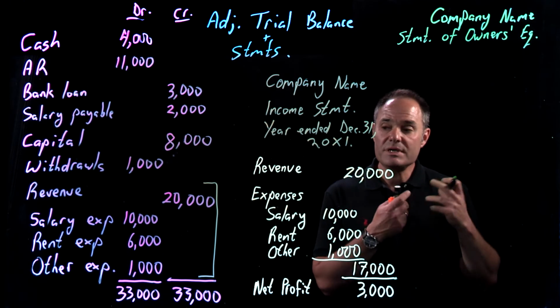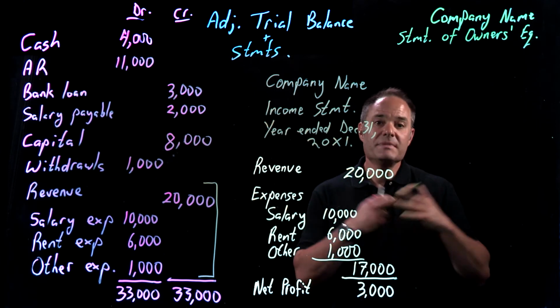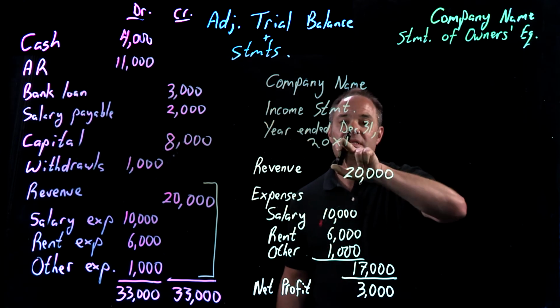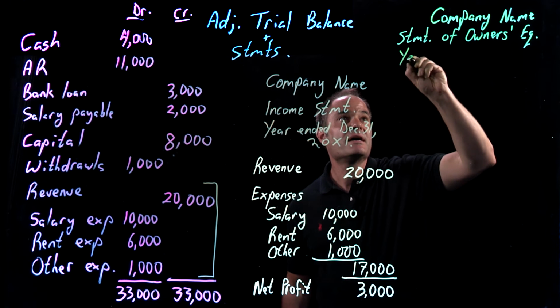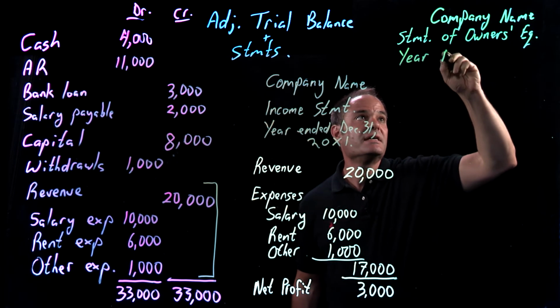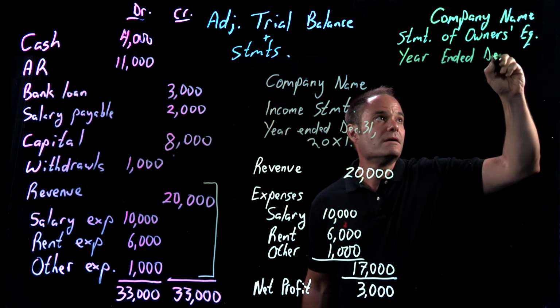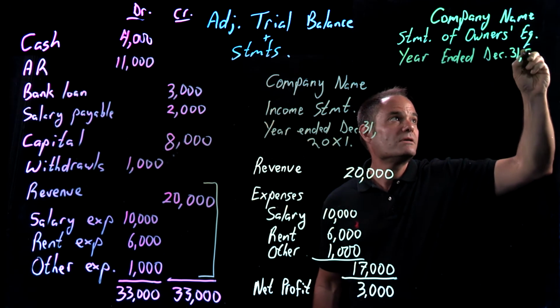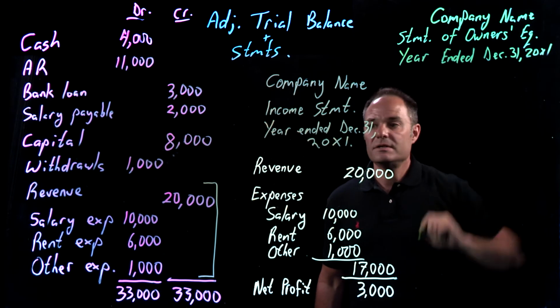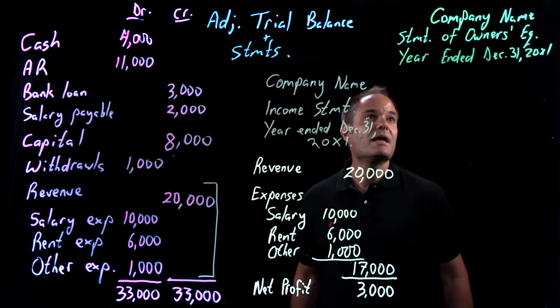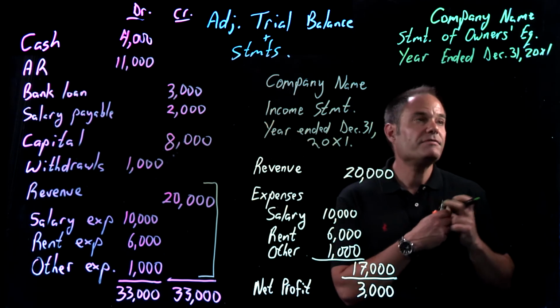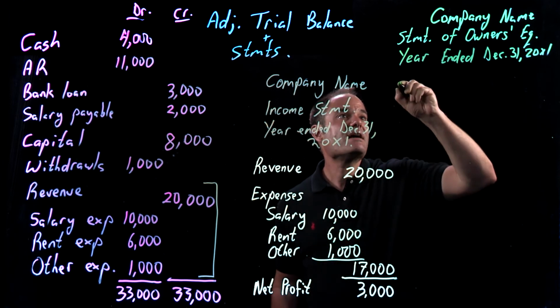And again, this is going to be a statement that covers a period of time. So it should be the exact same period of time as the income statement. Year ended December 31, 20X1, whatever year that would be. And this one's going to take the form of a flow statement.